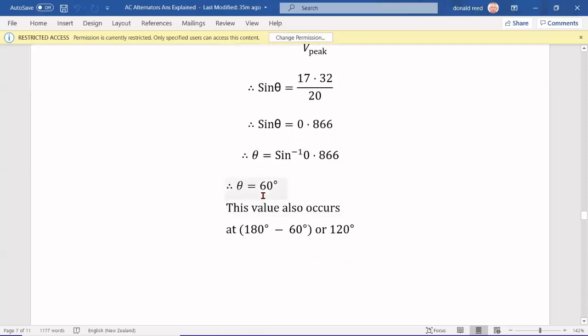And that gives me 60 degrees. Now we know going up we have 60 degrees and coming down we have 60 degrees. So we have it at 60 degrees and also at 180 degrees minus 60 degrees, which gives me 120 degrees.